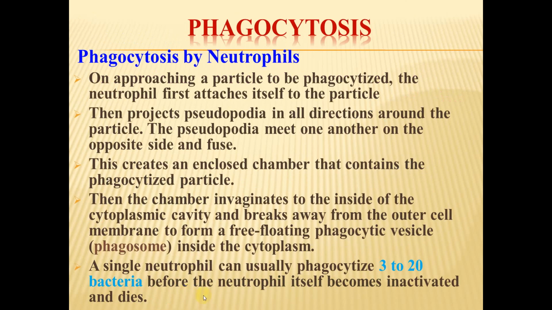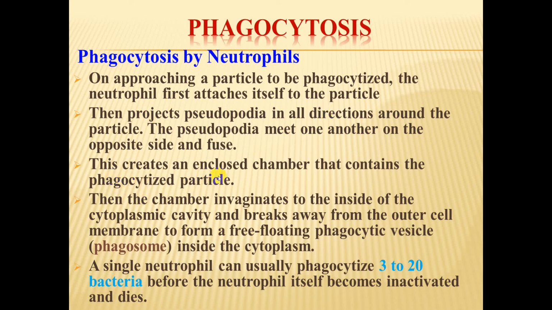Phagocytosis by neutrophil. On approach of a particle to be phagocytized, the neutrophil first attaches itself to the particle. That is the first step: attachment with the foreign body. Then it projects pseudopodia in all directions around the particle. These pseudopodia meet one another on the opposite side and fuse, so we have a circle around the foreign body.